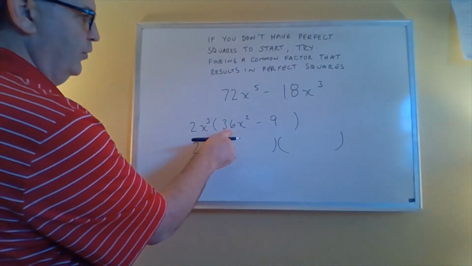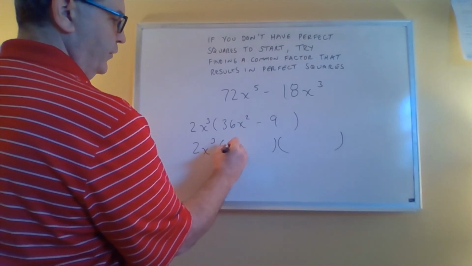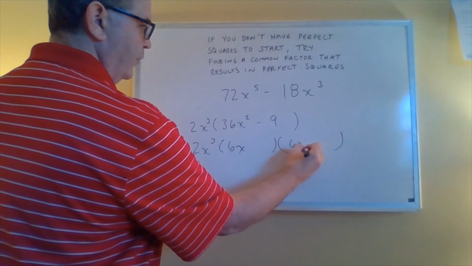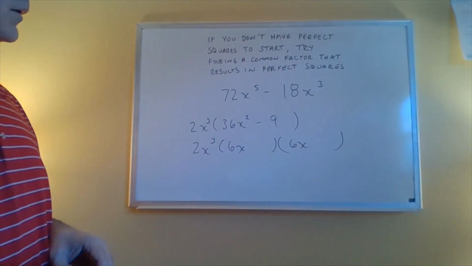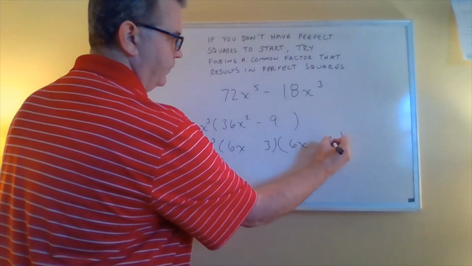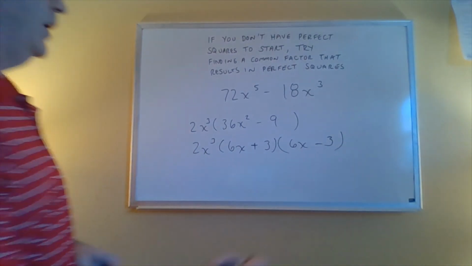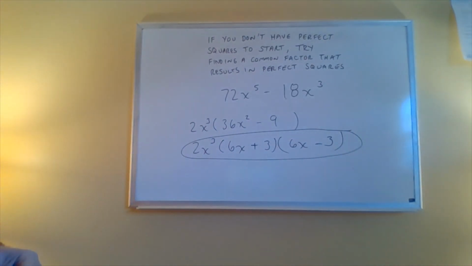So what do we multiply by itself to get 36x squared? Well, the square root of 36 is 6, and then x. If we multiply 6x times 6x, we do get 36x squared. How about 9? What do I multiply by itself to get 9? 3. It'll be 6x plus 3, 6x minus 3. But this whole thing here, that is your answer. Hopefully that helps. So go do your homework, and if you have any questions, shoot me an email.